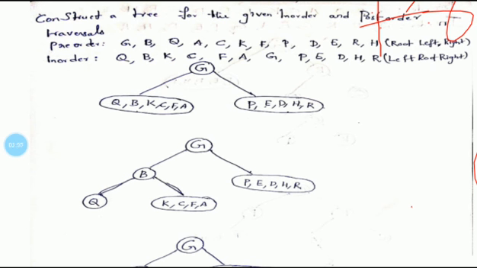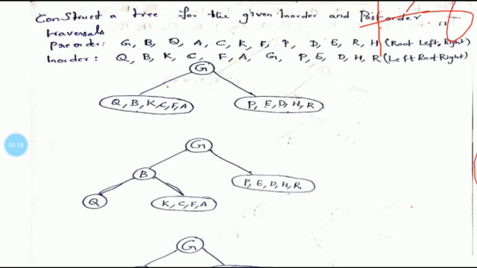By looking at the in-order sequence, we cannot determine the root node, because a tree can simply be viewed like this. Trees mainly consist of three parts: the root node, and it has a left branch or left part, and a right branch or right part.